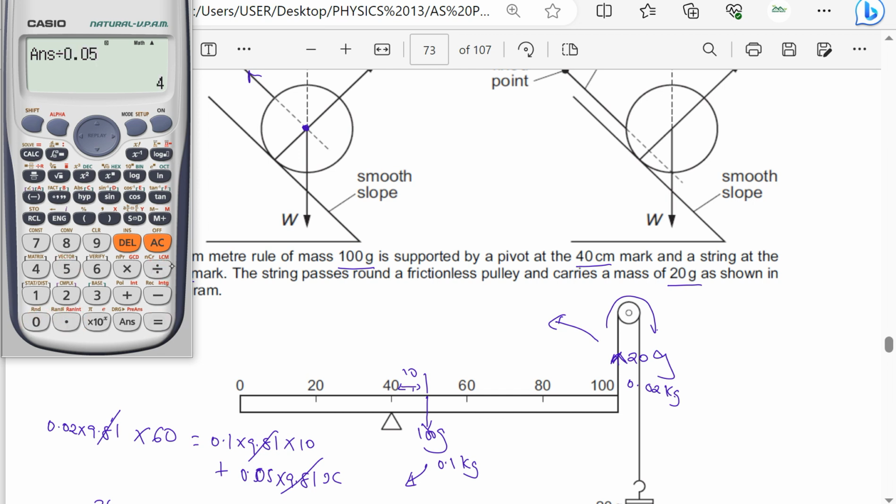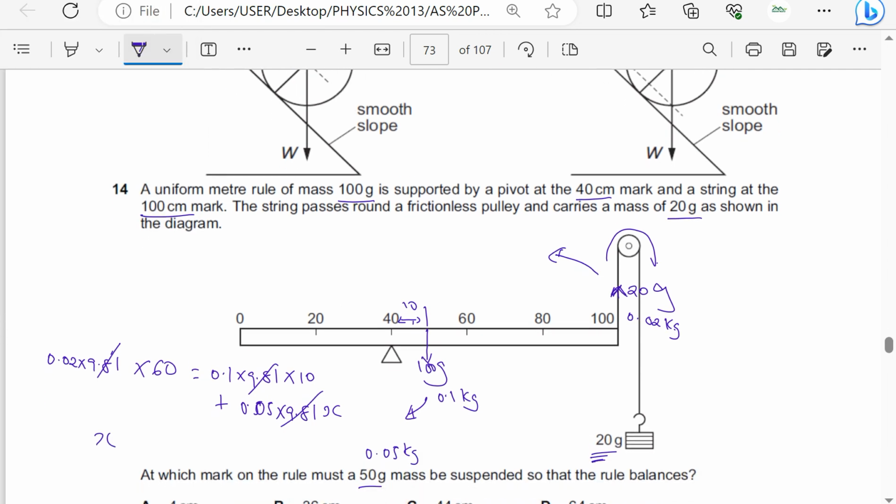So this gives us 4 centimeters. So x is going to be 4 centimeters from the pivot.